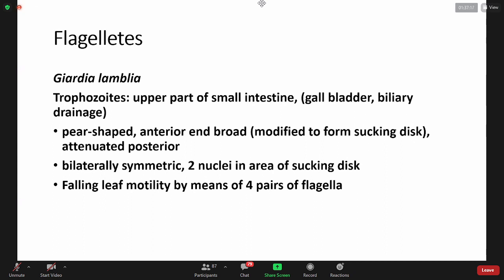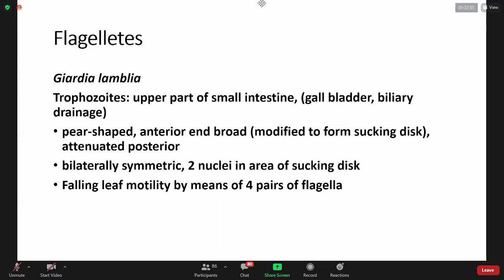It has two morphological forms: the trophozoite stage, which lives in the upper part of the small intestine, but it can also extend up to the gallbladder and the biliary drainage.